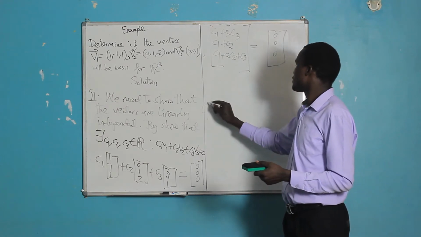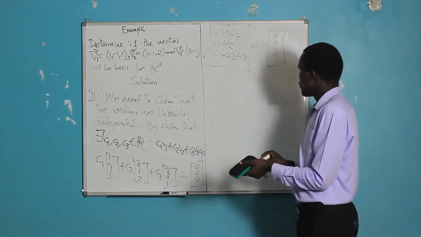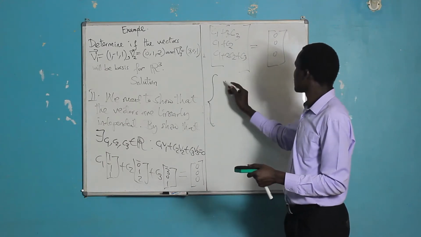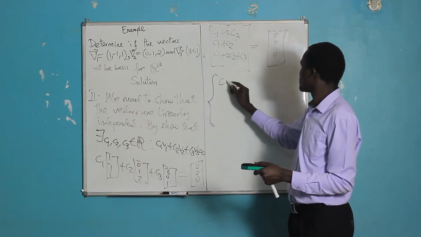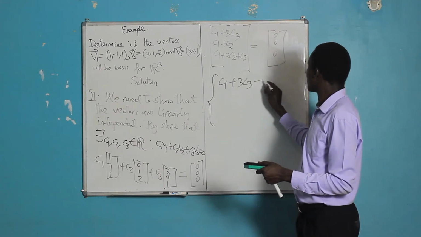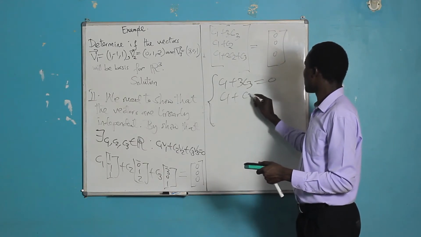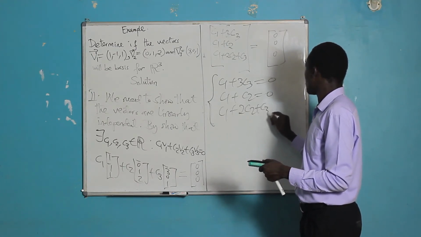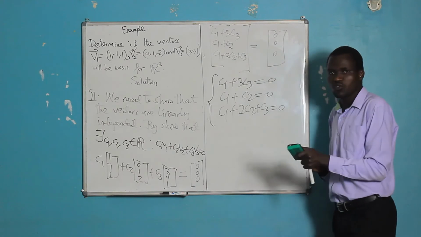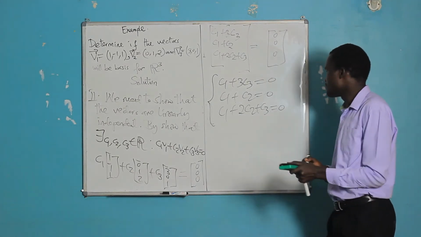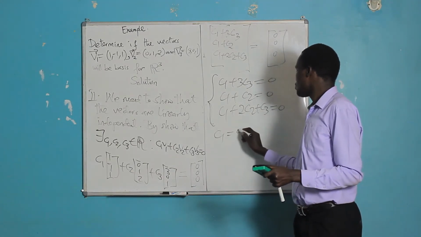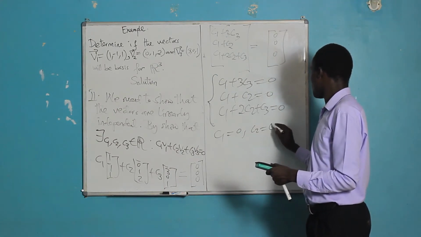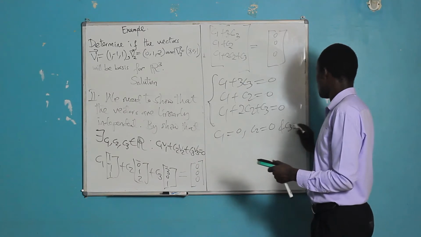Solving this as a system of linear equations, let's write it: C1 plus 3 C3 equal to 0, C1 plus C2 equal to 0, C1 plus 2 C2 plus C3 equal to 0. If you solve this one by using the elimination method, you get that C1 equal to 0, C2 equal to 0, and C3 equal to 0.